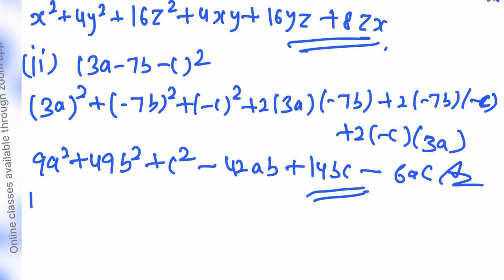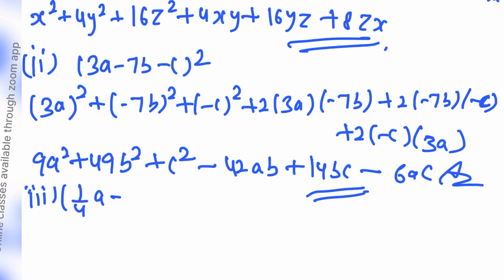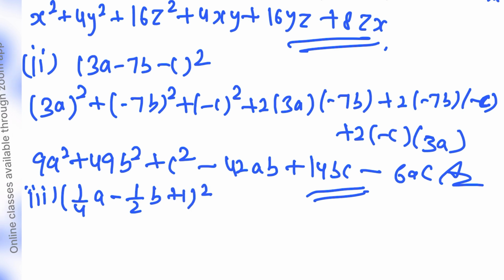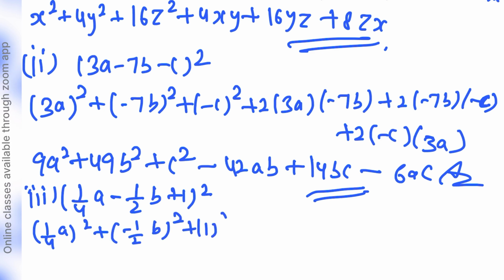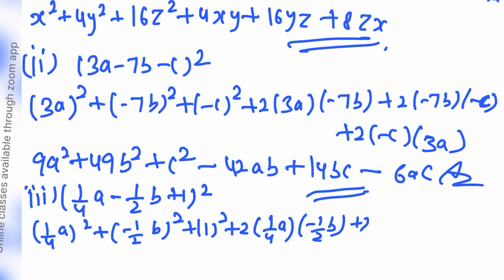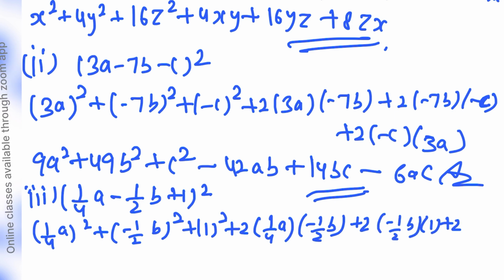We have another part, number 3, which is (1/4 a - 1/2 b + 1) whole square. Same identity we have to apply, so (1/4 a) whole square plus (-1/2 b) whole square plus 1 square plus 2 into 1/4 a into -1/2 b plus 2 into -1/2 b into 1 plus 2 into 1 into 1/4 a.